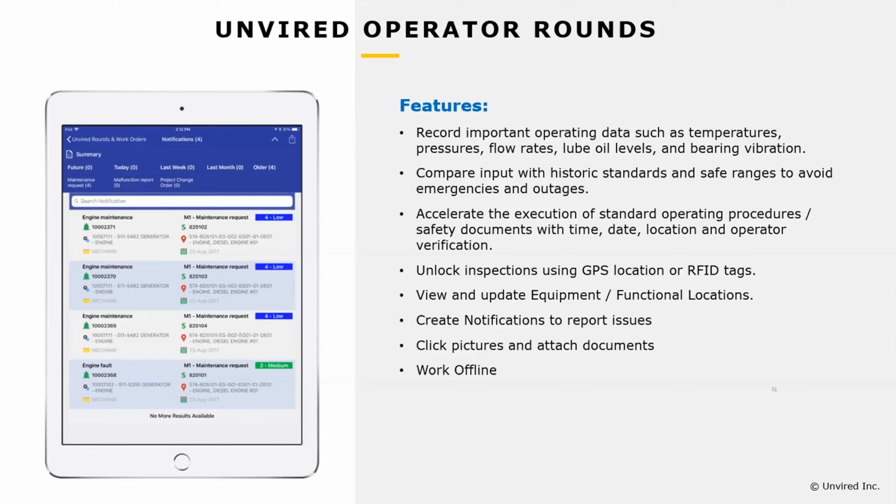The KPIs could be temperatures, vibration information, and all those KPIs which are used to monitor the health of an equipment on an ongoing basis in the plant itself. And if there is any discrepancy that the user notices, it could result in the creation of a notification automatically in SAP, or the user could explicitly create a notification on the mobile device, which will then be reviewed by the supervisor in the SAP system itself. So this is the Unwired Operator Rounds, and we will see a demo of what this looks like in the live demo itself.